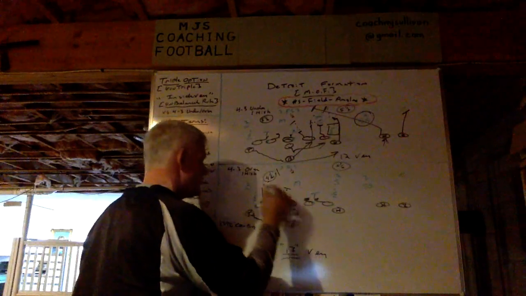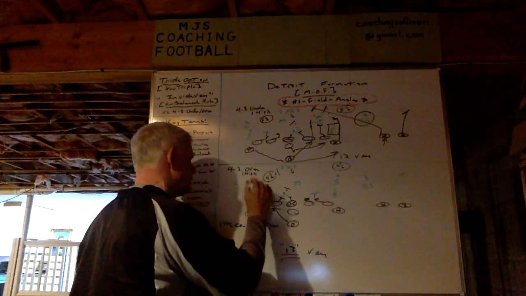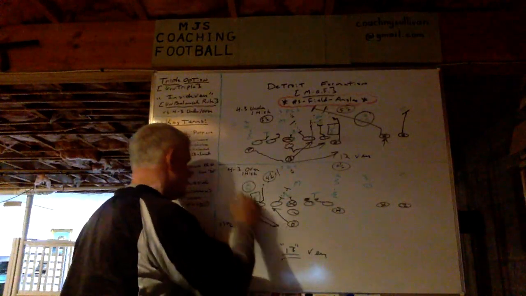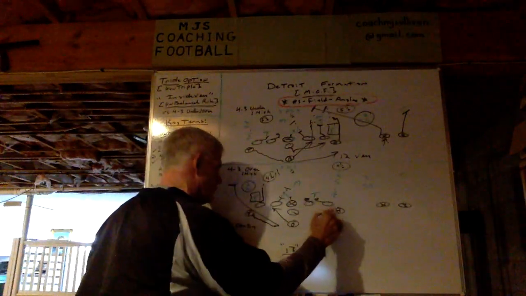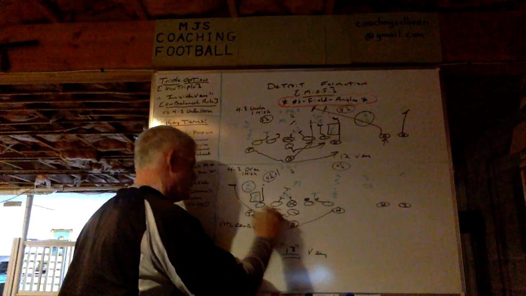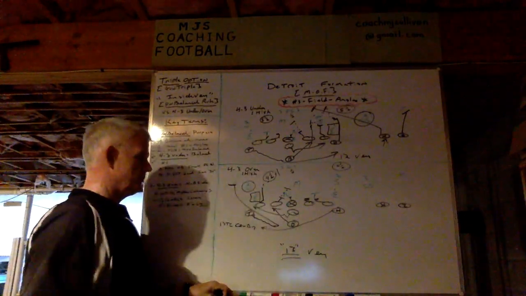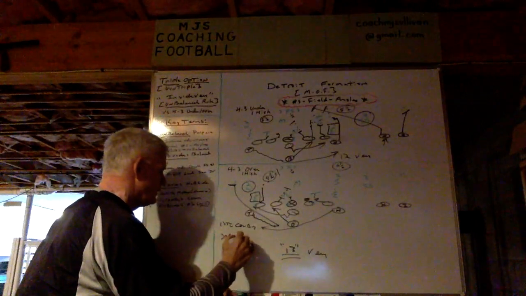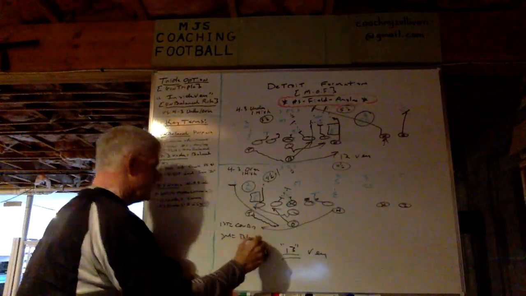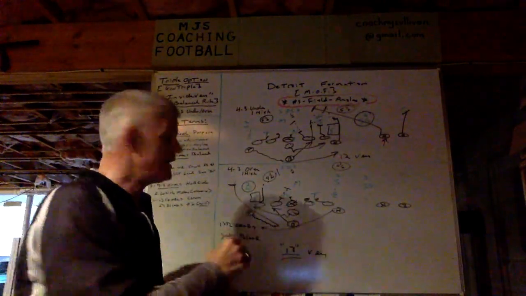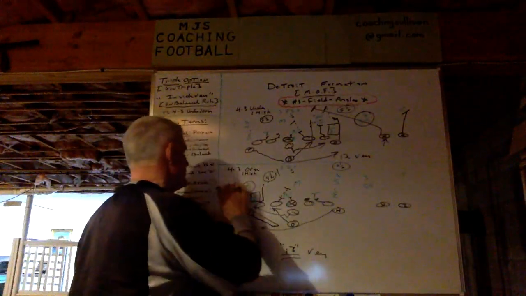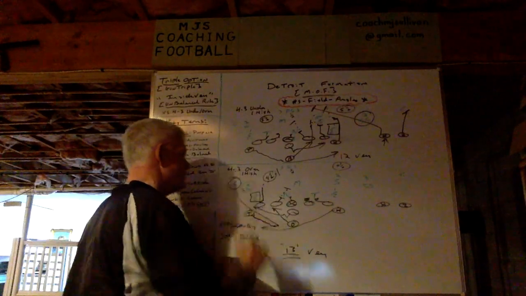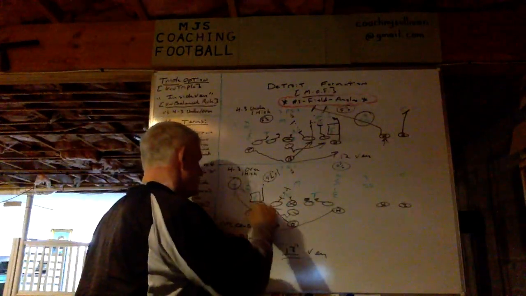So now the quarterback knows he's reading the will for the pitch. Right? The second one, the T uses the code that he's going to block the will. Now the quarterback knows his pitch key's the corner.